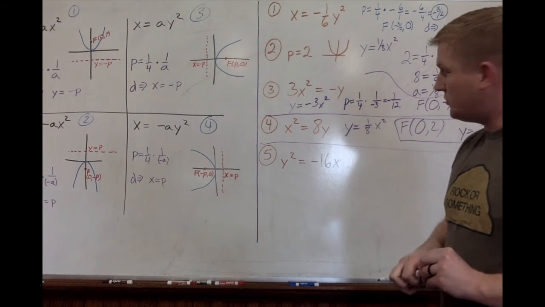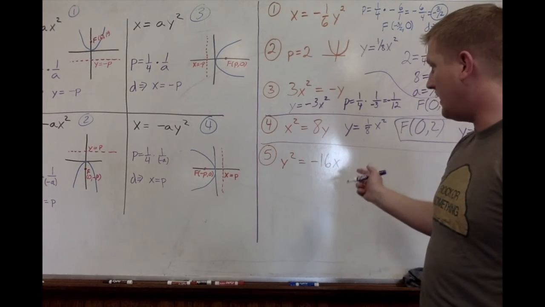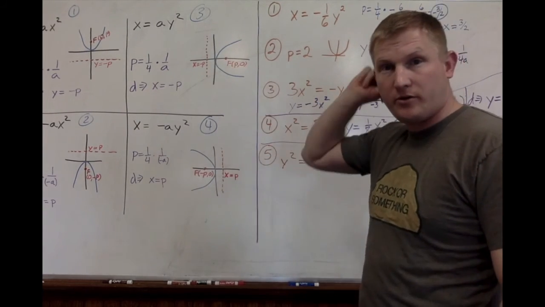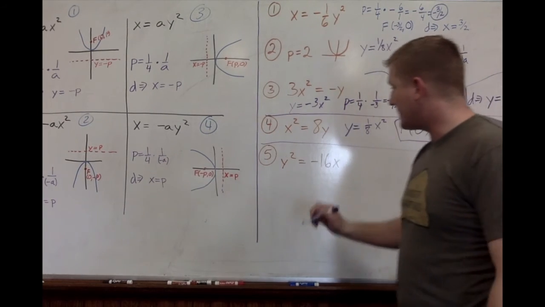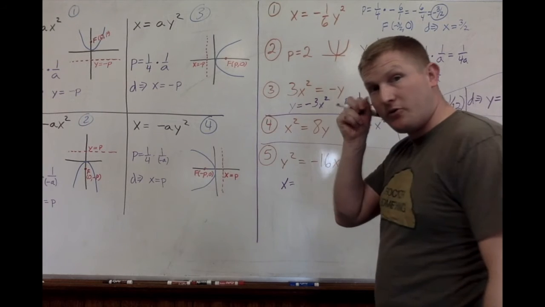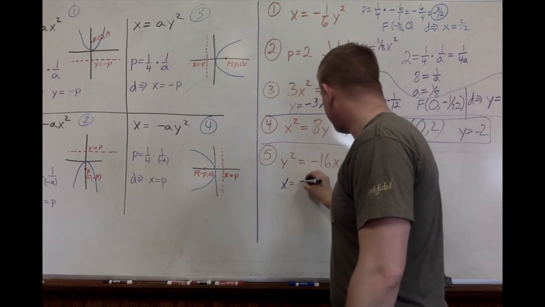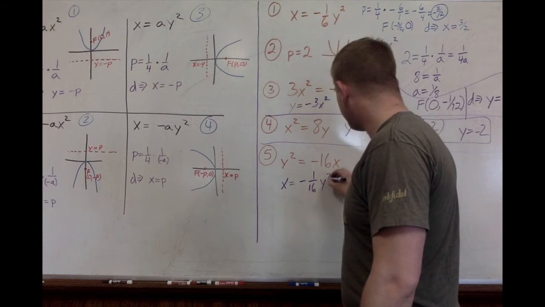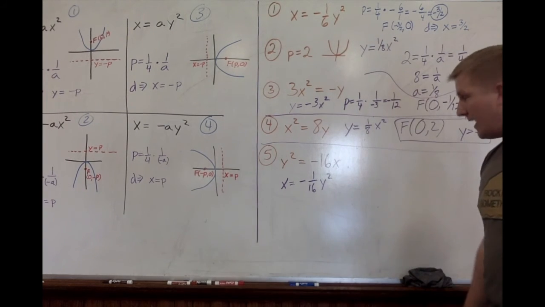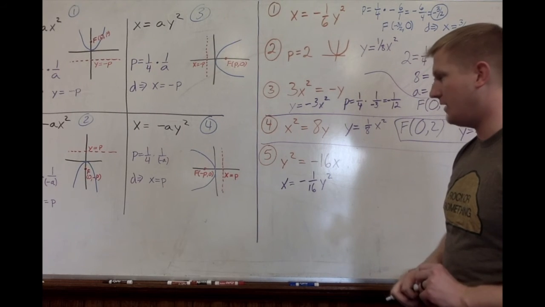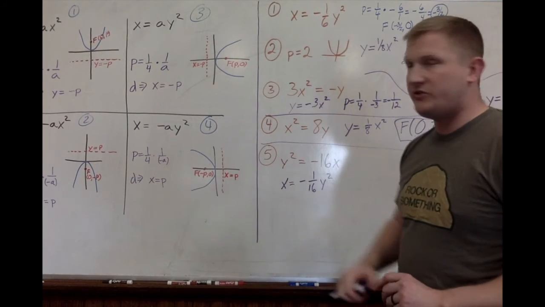All right. Again, we do not have this one written in standard form. In this case, y is squared, so we know it's going to be either the third or fourth iteration. So get x all by itself. So I'm going to divide both sides by -16. All right, cool. So my A is -1/16. Since it's negative, I know this is going to be scenario number 4.